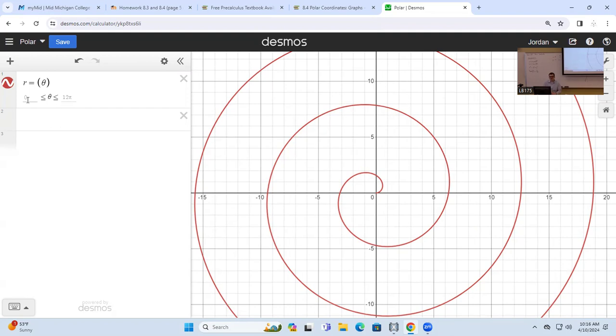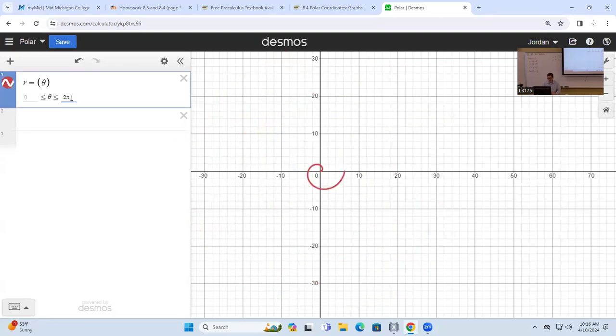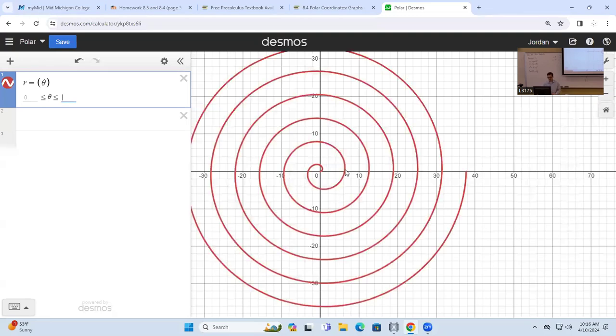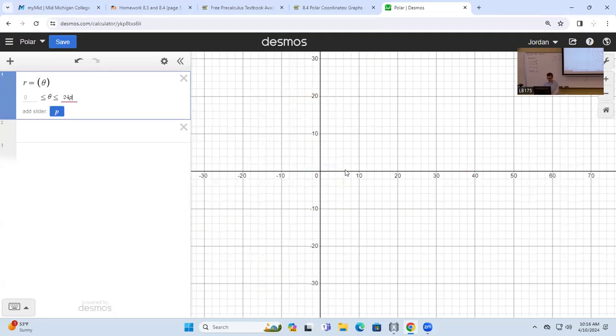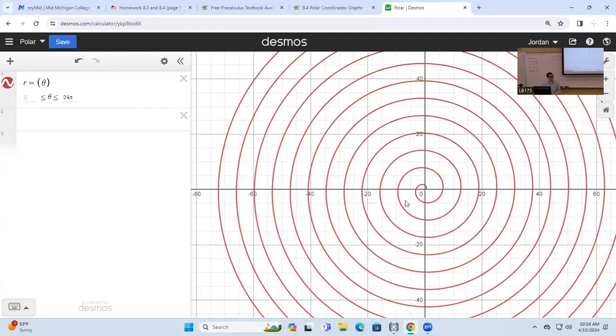By the way, this is letting theta go from 0 to 12 pi. So notice after 12 pi, it just shuts off. If you let it go just to 2 pi, then it's not going to have as much of a spiral. If you let it go to 24 pi, then it's going to have an even bigger spiral, right?